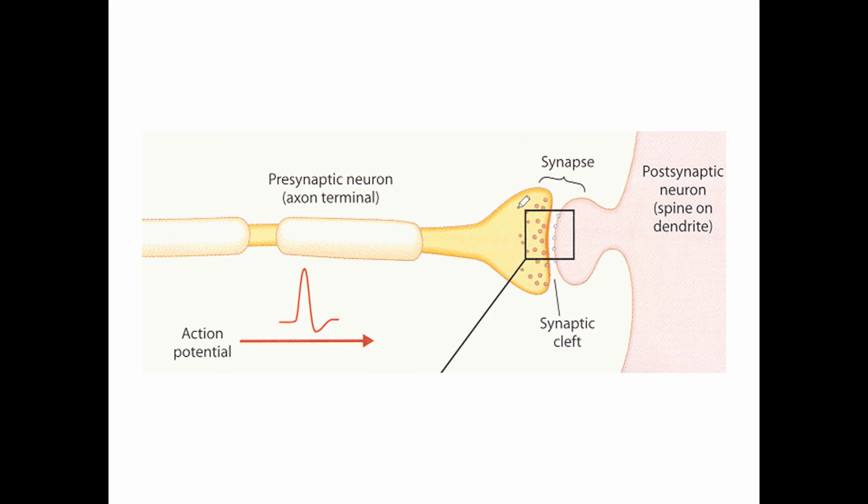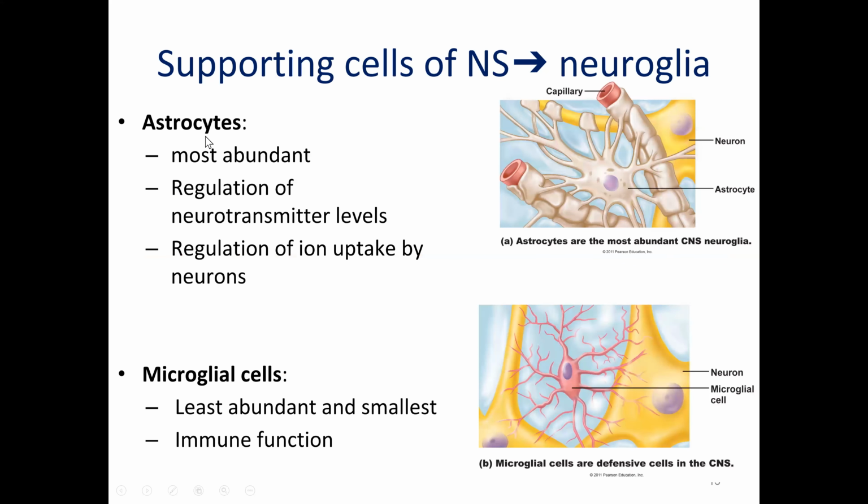When action potential reaches the synapse, neurotransmitters are released inside the synaptic cleft. On the postsynaptic neuron, we have receptors for neurotransmitters. So neurotransmitters then attach to the receptors, and this will create an electrical impulse now inside the postsynaptic neuron.